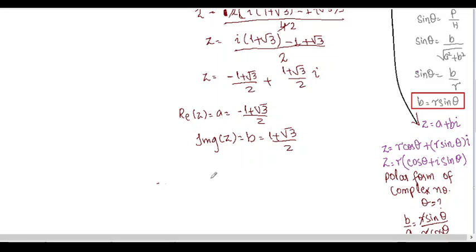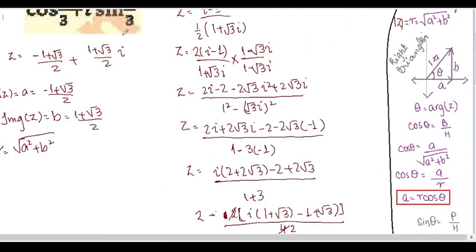Okay, now what is r equal to? R equals square root of a square plus b square. We write this a and b over there at the top. Now we solve it further here. So we get r equals square root of a square, which is (minus 1 plus square root of 3) whole divided by 2 whole square, plus b square, which is (1 plus square root of 3) whole divided by 2 whole square.